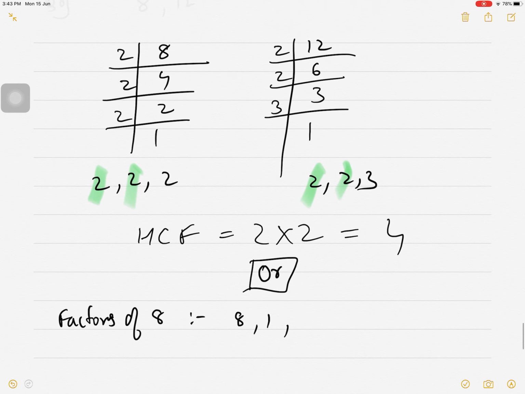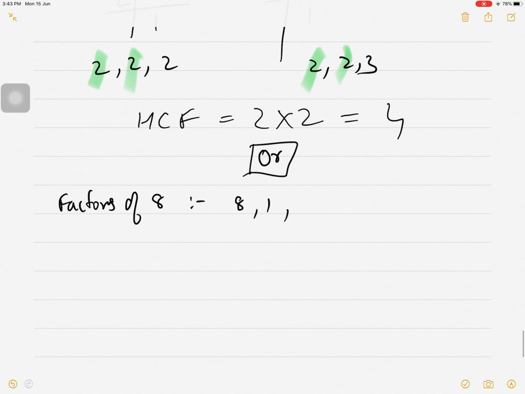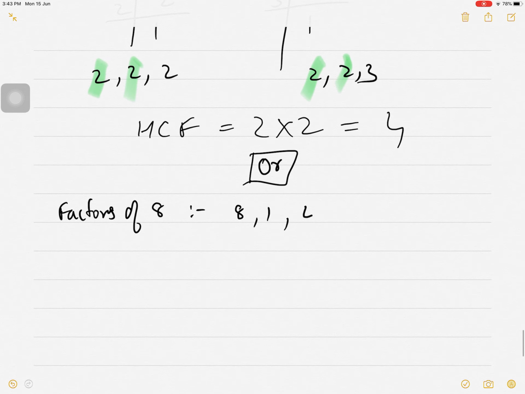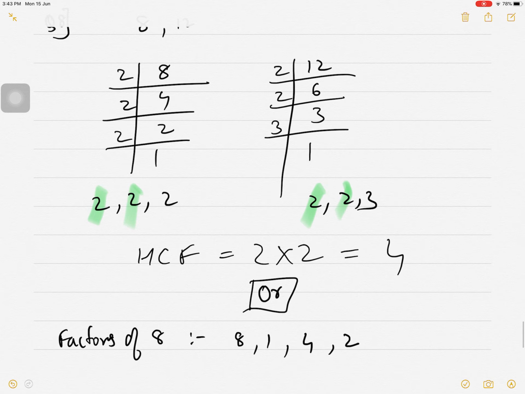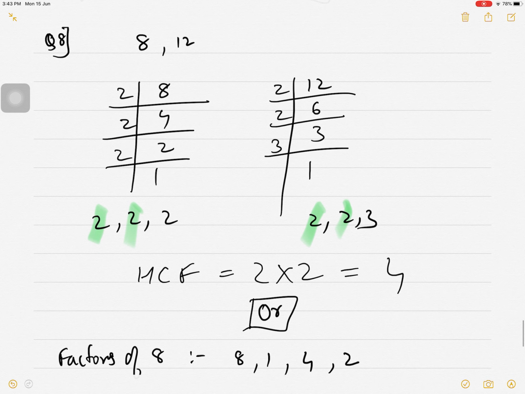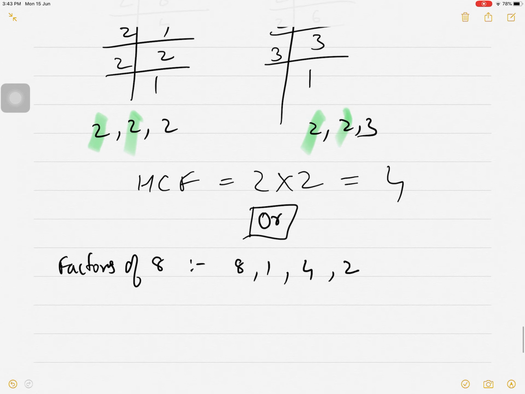Because 8 ones are 8. Then 4 twos are 8, so 4 and 2 are also factors of 8. Right? So the factors of 8 are 1, 2, 4 and 8.